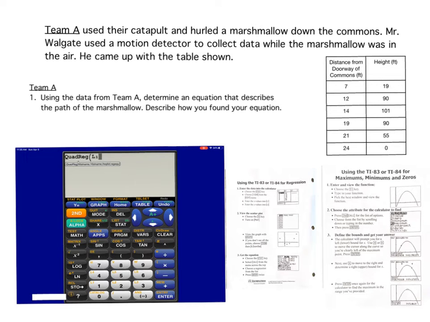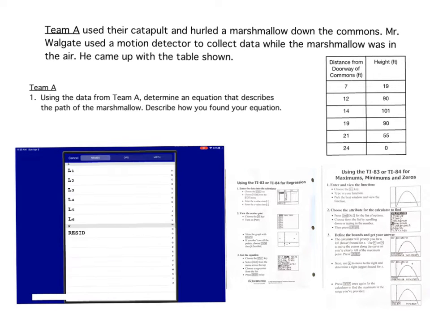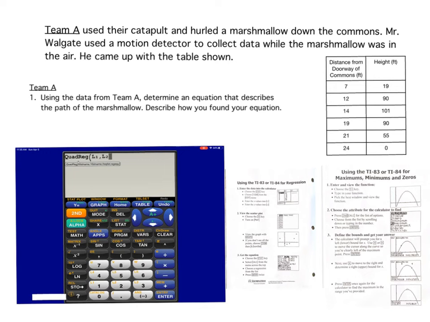My list 1 is my x values, comma. I'm going to hit second list. List 2 is my y values. And on your graphing calculators, that's probably already set up for you. So then you would just hit enter. And you can see that then gives us our A, B, and C values in order to write our quadratic equation. And that's how we find it on a graphing calculator.